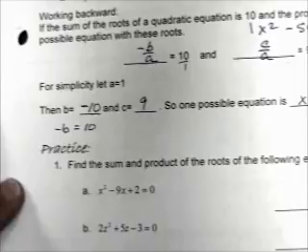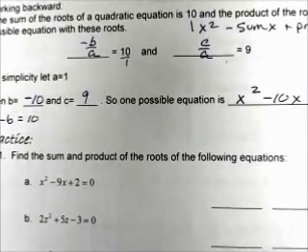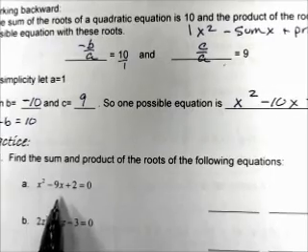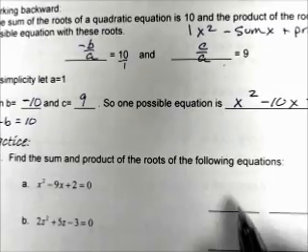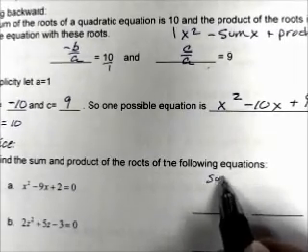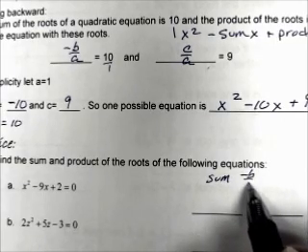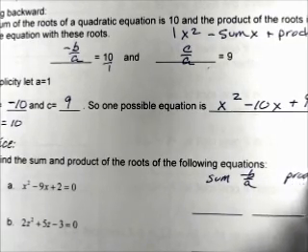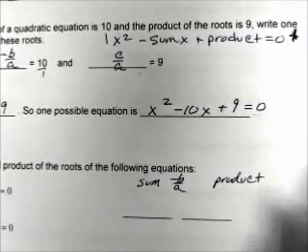For practice, find the sum and product of the roots of the following equations. All right, so here we're given the equation, what is the sum and what is the product. So we'll first do the sum, which is negative b over a, and in the other column, the product, which is c over a.